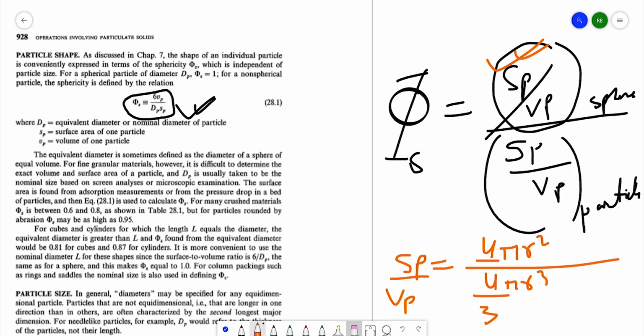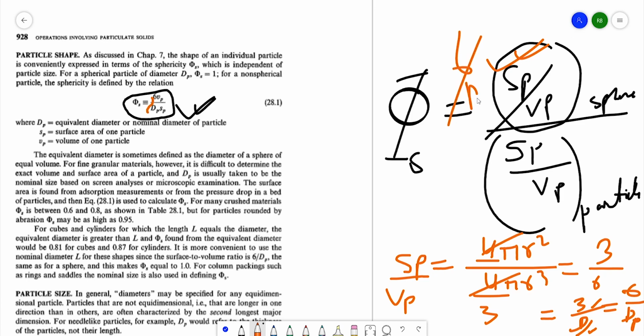Now if you calculate this, 4 pi cancels out, 3 goes up, you get 3 by r, and r is nothing but d by 2. So you have 3 by diameter by 2. This gives you 6 by dp.